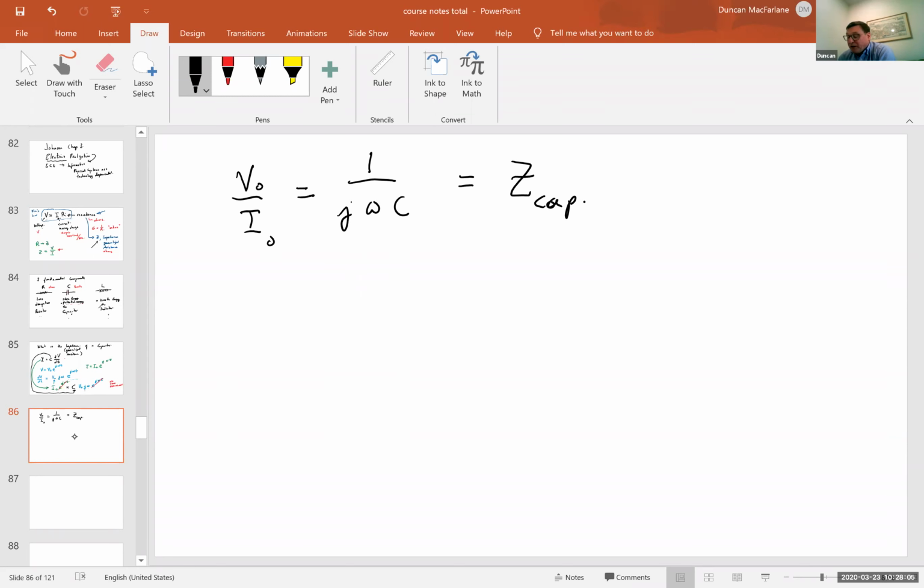Okay? So this plays the role of the resistance or the impedance of the capacitor, and very, very naturally, it's frequency dependent.